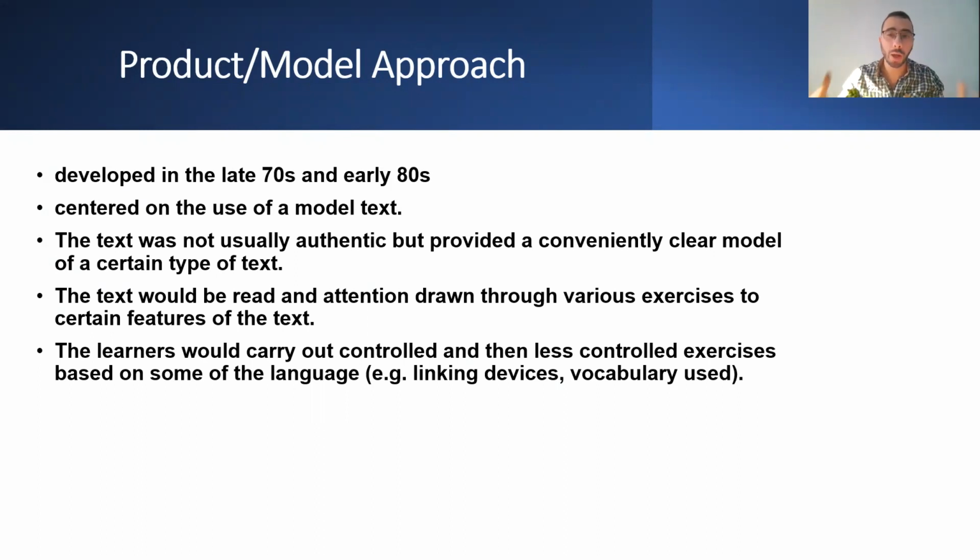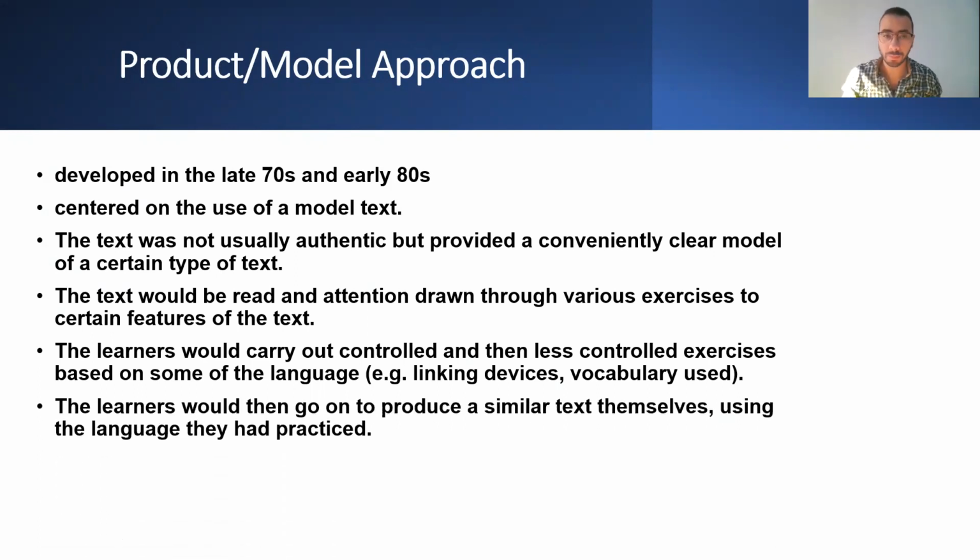We might focus on the vocabulary used, the ideas, the organization, or the content of the text. And then, of course, at the end, learners will go to produce similar texts themselves. They would normally use the language they practiced, the language you introduced, and the organization, the linking devices, in case you're focusing on such academic skills, and they will produce their own essays or letters at the end.